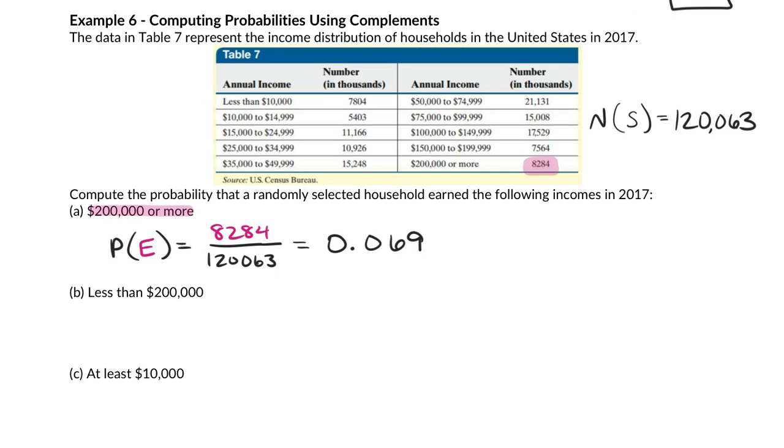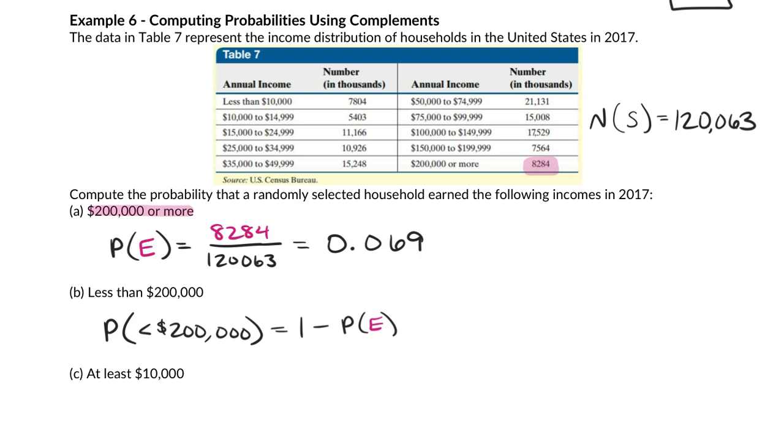Let's say now that we want to figure out the probability that we pick a household that has earned just straight up less than $200,000. So everything else. So you have two ways to do this. You could take the long way, which is adding up all of those numbers and then doing the probability there, or realizing the probability of choosing a family with less than $200,000 is the same as 1 minus the probability that we did choose, because it's everybody else.